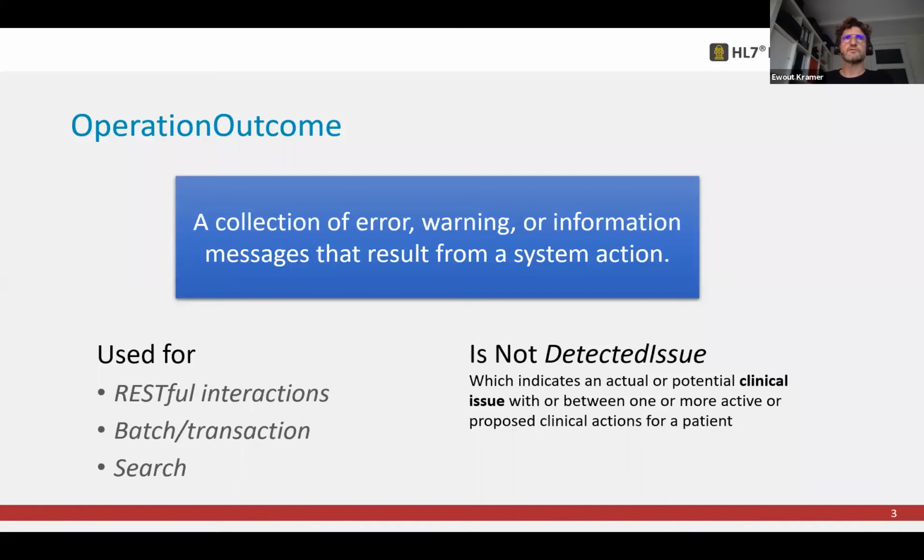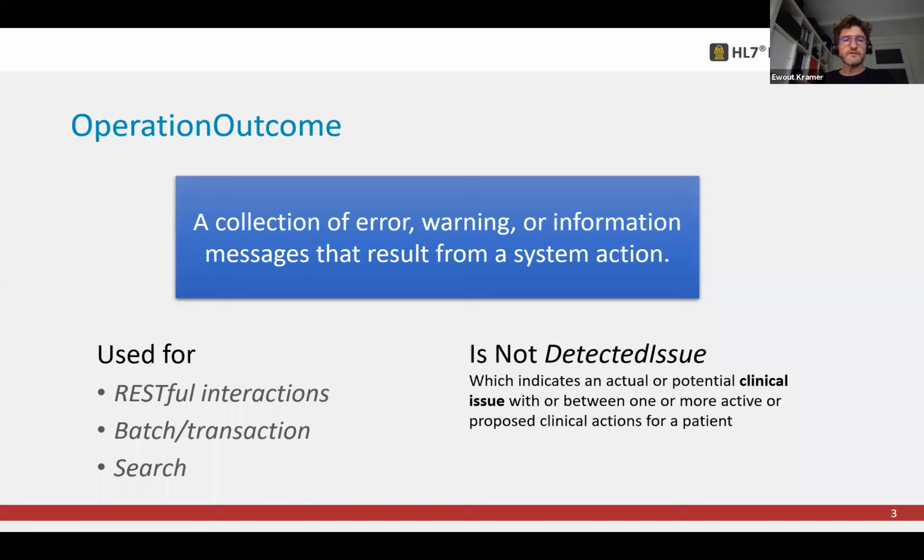So if you've been writing a server, implementing read or delete or update or any of those, you're probably aware of operation outcome. But as a server writer, I found it really useful to use operation outcome almost everywhere in my software. So I basically based my internal error and logging structure on operation outcome. So it's easy for me to report operation outcomes. The FHIR.NET API has support for it, and Vonk as well.